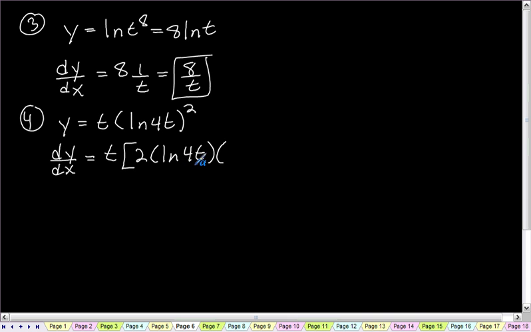The derivative of ln of 4t is 1 over 4t times the derivative of 4t, which is 4. And that's just that part right there. First times the derivative of the second, plus the second, which is ln of 4t, the whole thing squared, times the derivative of the first.